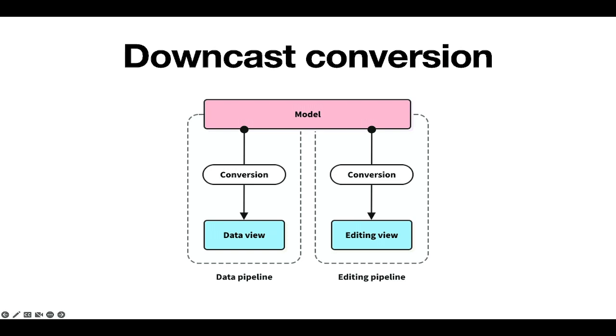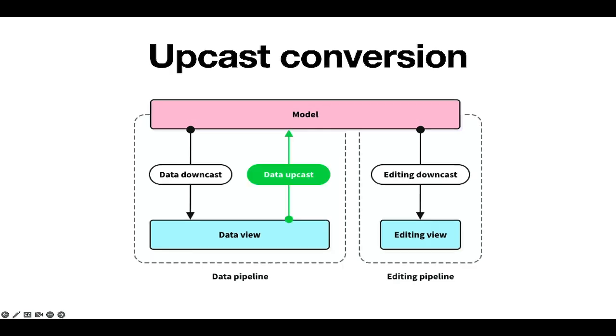So when CKEditor renders the model in the WYSIWYG area, it frequently does the conversion into the editing view whenever the model changes, more or less. And the upcast conversion, so the opposite to the previous one, on the other hand, happens, for example, when you paste content into CKEditor. CKEditor gets HTML and transforms it internally into the model. Also, the upcast conversion simply happens when you start CKEditor with HTML.